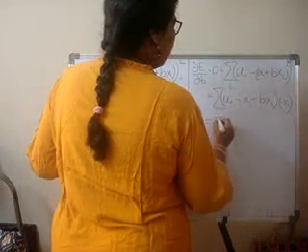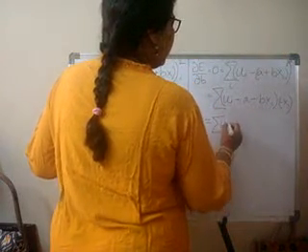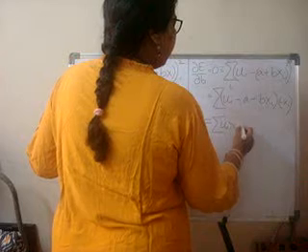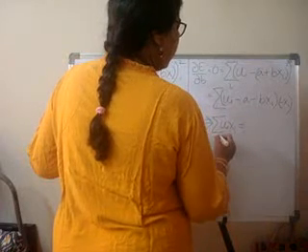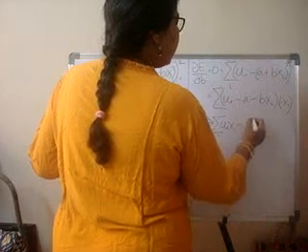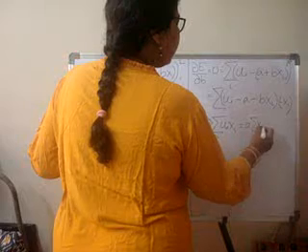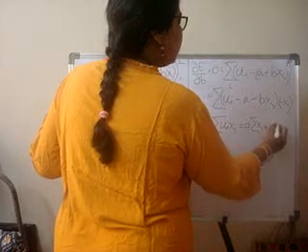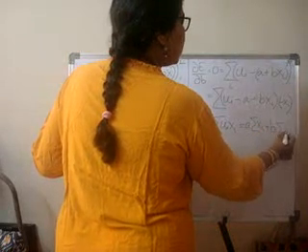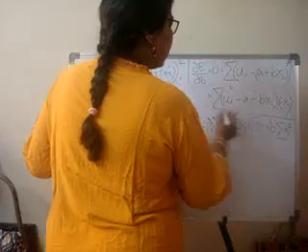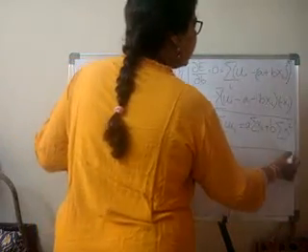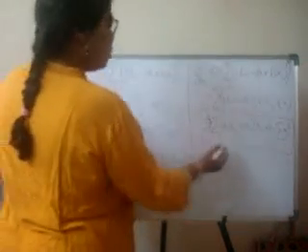That will be equal to summation over i of ui xi equals a summation xi plus b summation xi square. This is equation number 4.